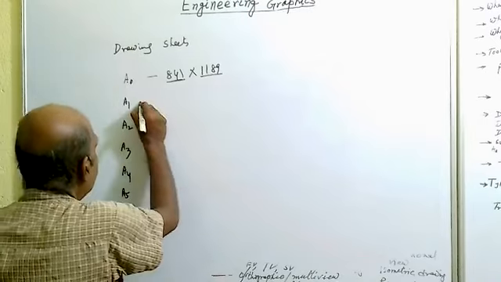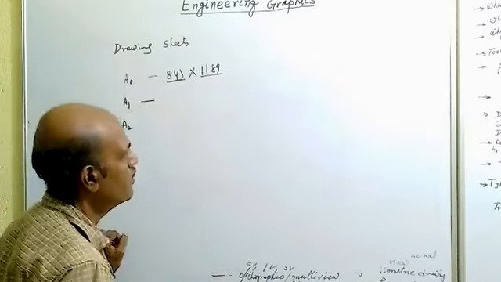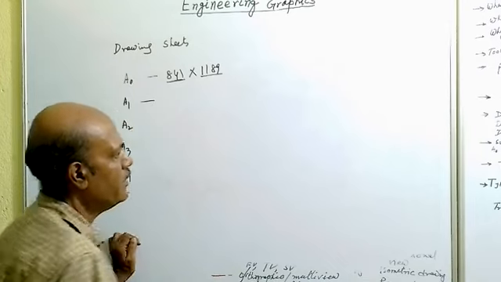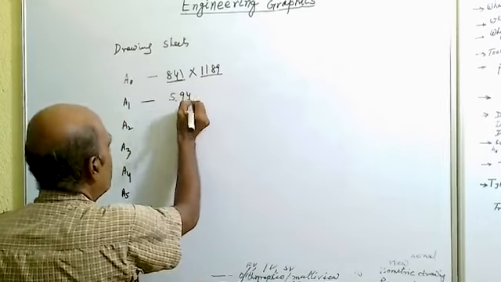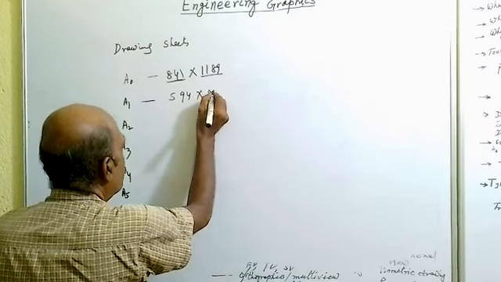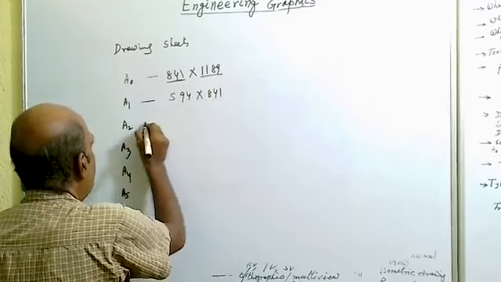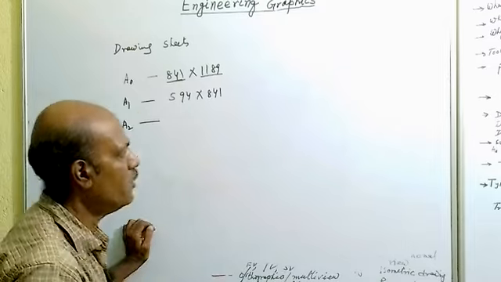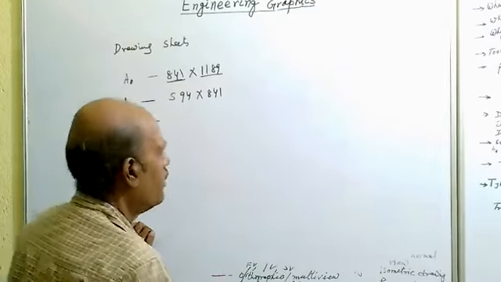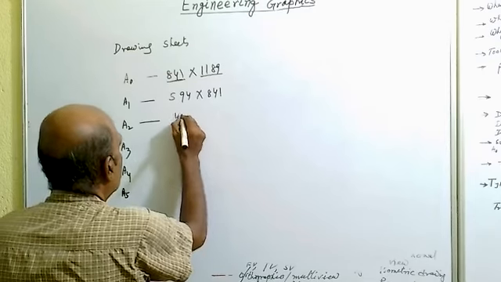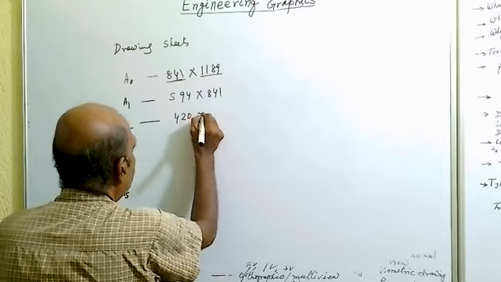The next size is A1, and A1 size is given by 594 into 841. The third size, A2, is 420 into 594.